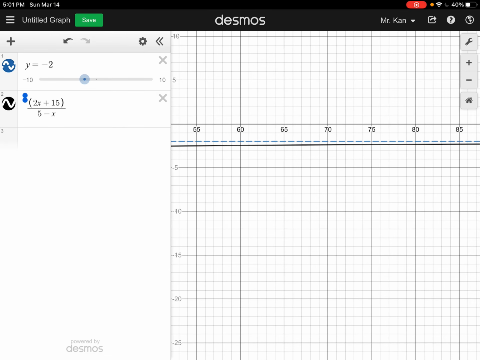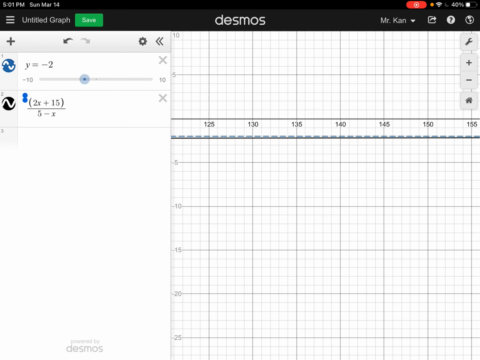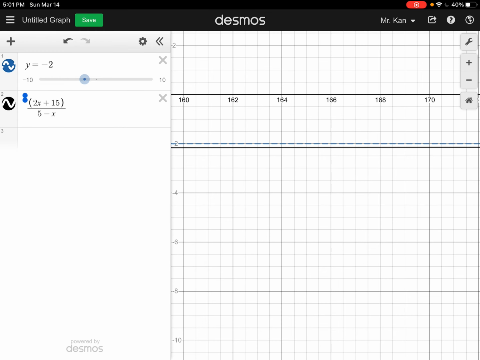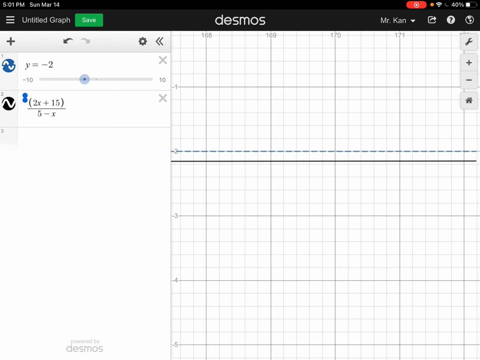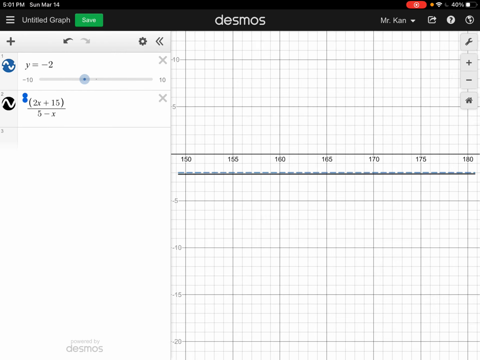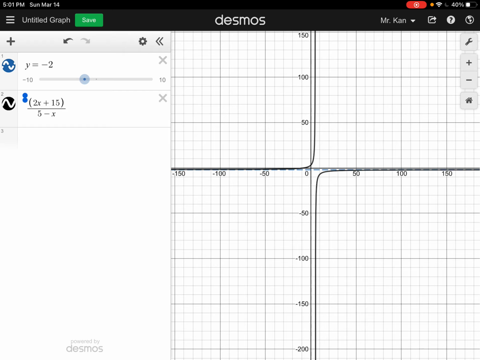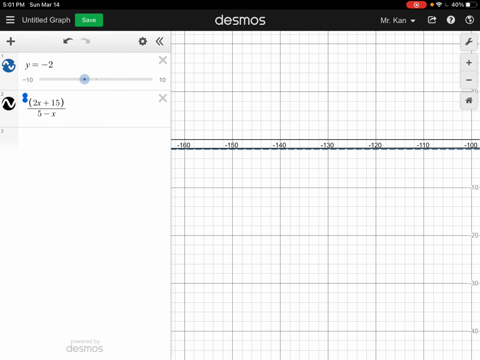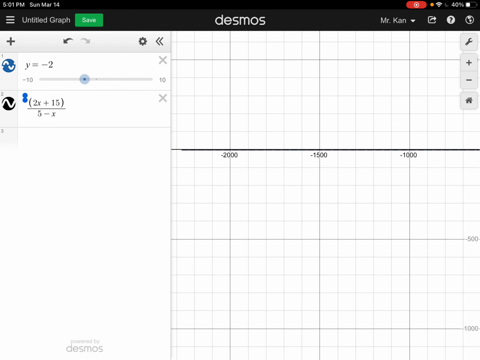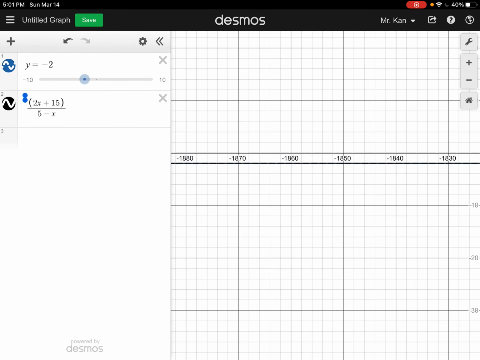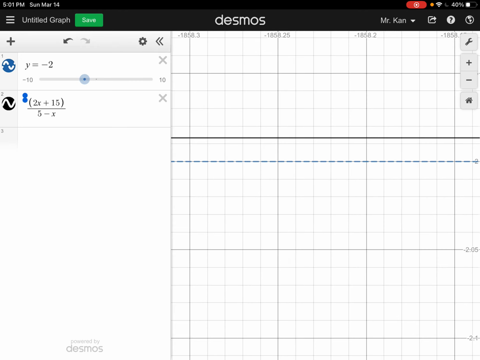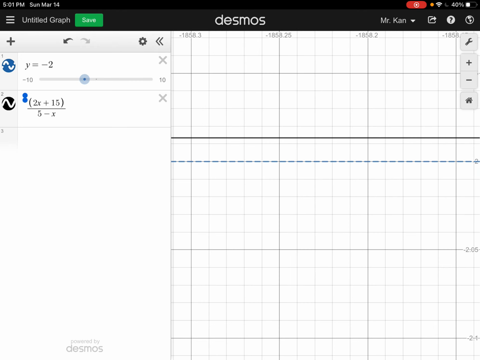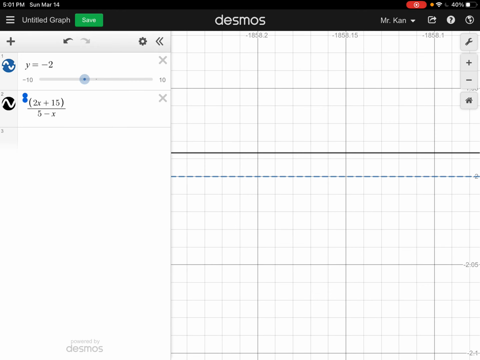As x approaches infinity, maybe like 160, 165 over here, we can see our curve getting close to that y equals -2 line but never hitting it. Again, all the way out here in the thousands, is it actually touching? No, it's not. Look how far away it is.